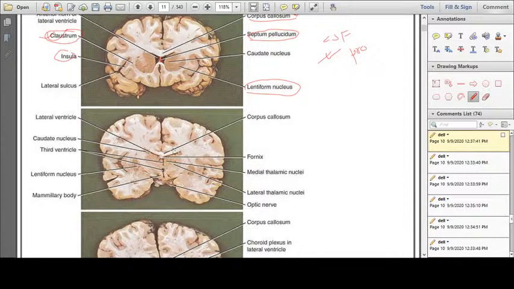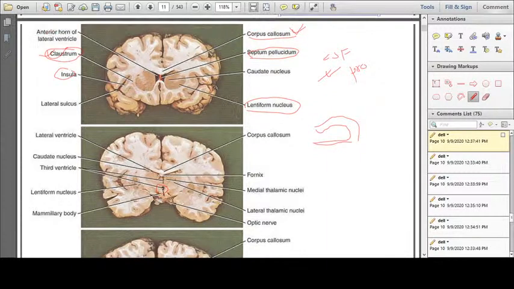This one right here actually only shows the third ventricle of the brain, and the ventricles are like this. The two lateral ventricles ultimately unite to give the third ventricle. There is nothing called a first and second ventricle. There is only the third ventricle and fourth ventricle.